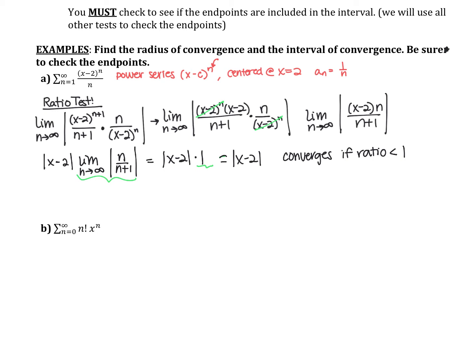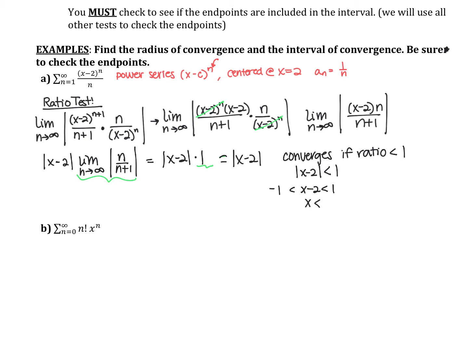The problem that I have is that I want the absolute value of x minus 2 to be less than 1. Rewriting this as an algebra problem, that says that we want x minus 2 to be between positive 1 and negative 1. So I'm going to go ahead and solve this.